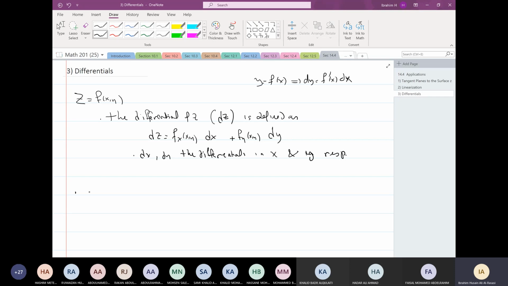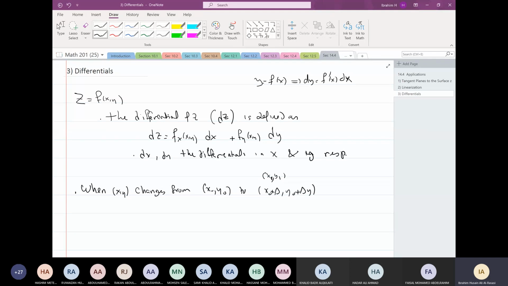So when xy changes from x0, y0 to what we wrote there as x1, y1, right? Which is x0 plus delta x, y0 plus delta y, which is x1, y1.